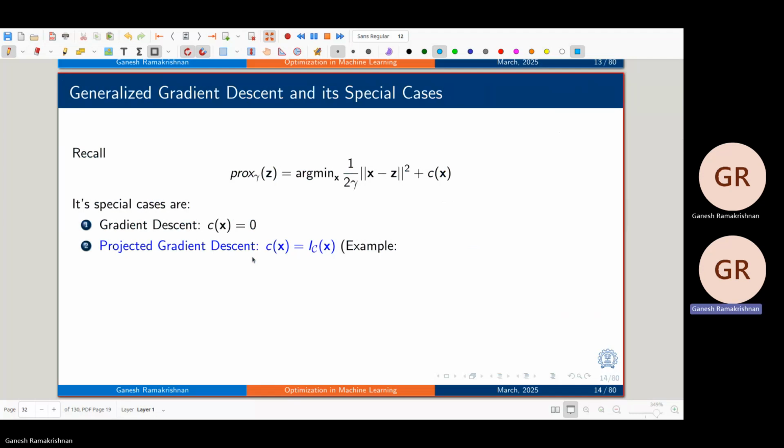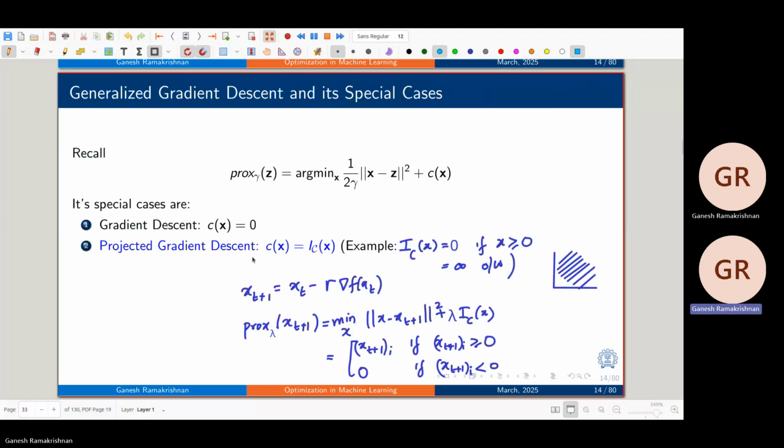So projected gradient descent example, we'll see more of this, but one example is the positivity constraint. Very standard. x should be greater than or equal to 0. Right? So if you write down, what will it turn out to be? It's very nice, right? The indicator is 0 if x is greater than or equal to 0 and is equal to infinity otherwise.